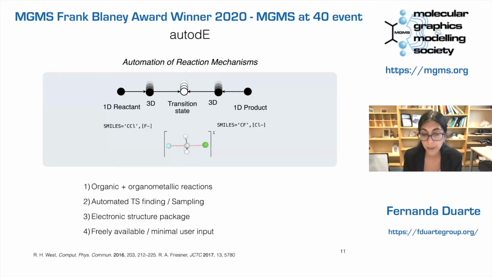In previous approaches, finding was automated, but there was no possibility of sampling, which is very limiting if you have a very floppy system. In most cases, that was limited to a single electronic structure package, and in some cases you had to pay for that, and we couldn't afford paying anything of that type. So we really wanted something free that would be compatible with any electronic structure package that you have.